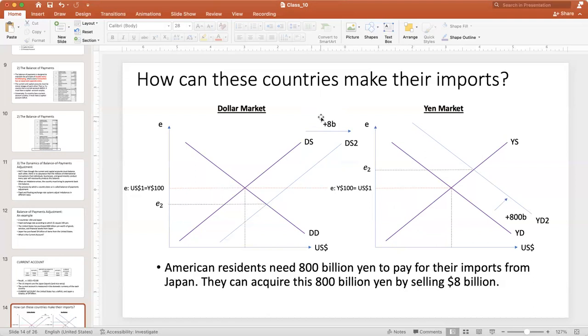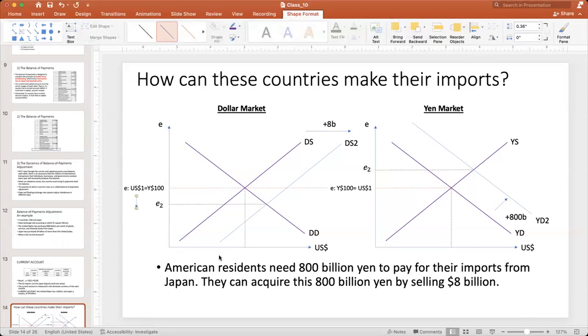If this is the case in the dollar market, well, the exchange rate will depreciate. Why? Because there are more dollars in the market, so dollars are not scarce, and because of that, their relative price in comparison to the yen is reduced. So $1 right now buys less yen.